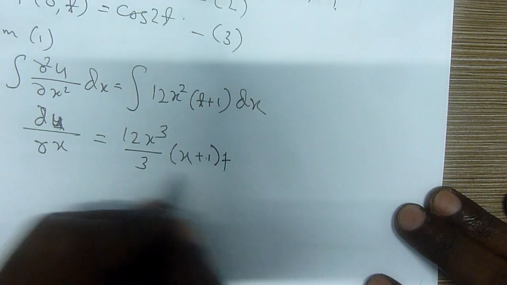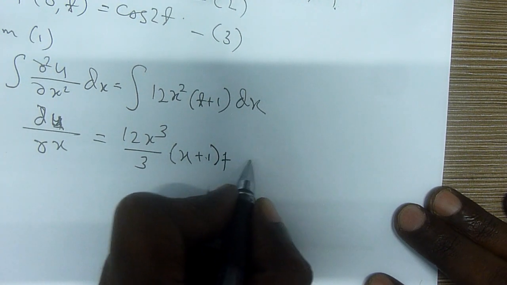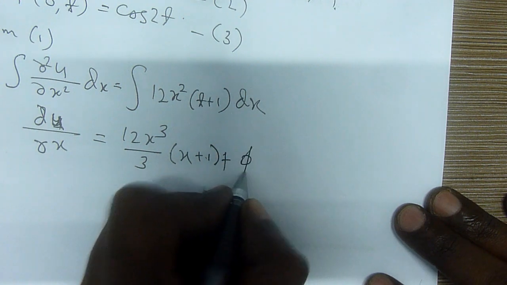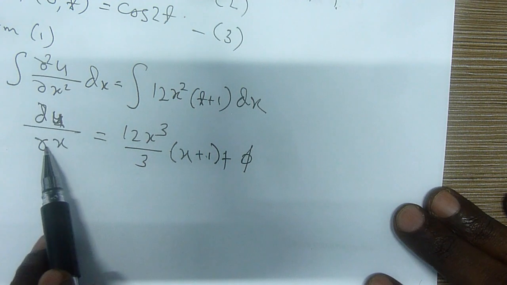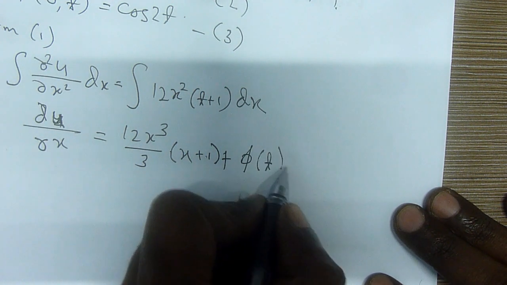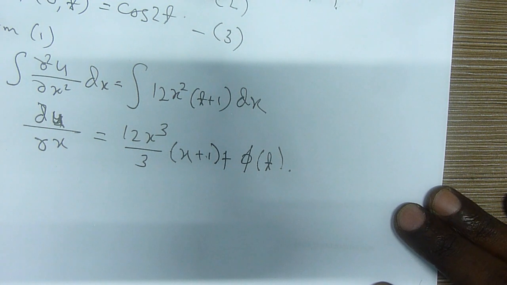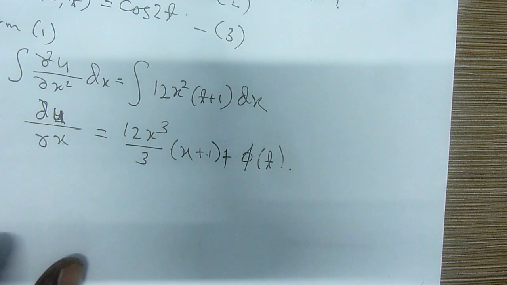When you integrate a partial, you cannot represent the result with a constant. Instead, since we are integrating with respect to x, the constant will be a function of t. Very important.